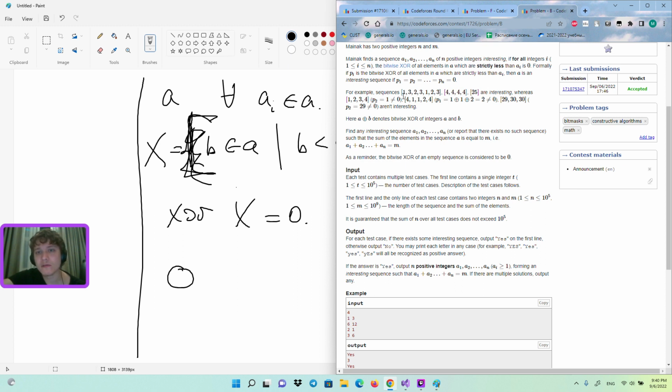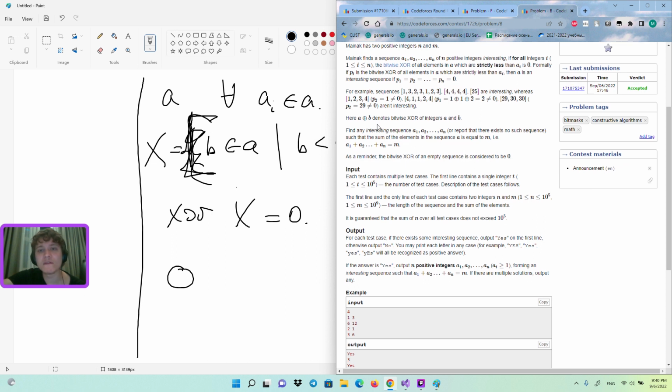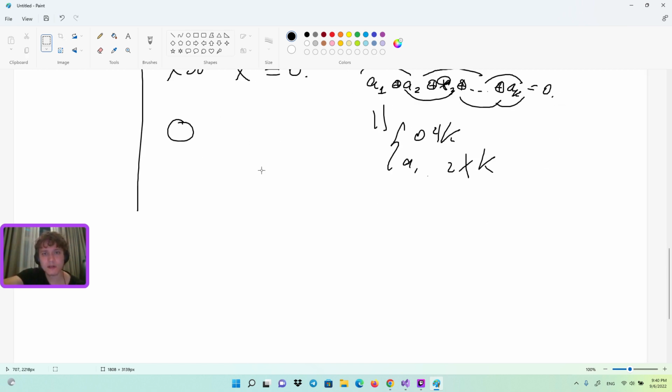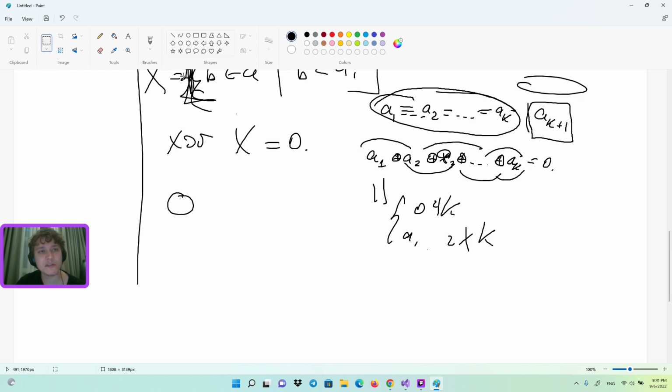So you want to find any interesting sequence with sum equal to m, and with positive numbers. First of all, let's try using ones. I want to put a lot of ones, and at the end I take m minus 1. That's it. Does it work? Actually, not always, because I want the minimum to appear an even number of times.